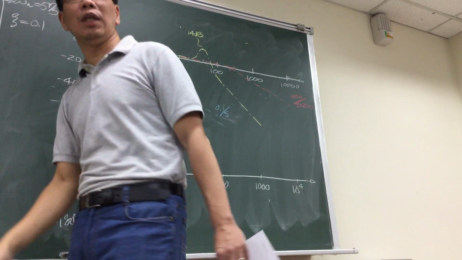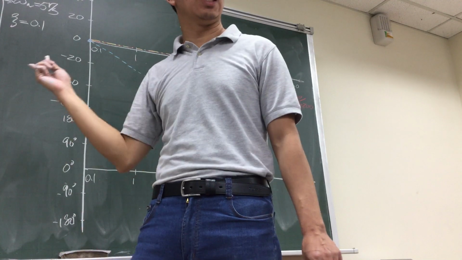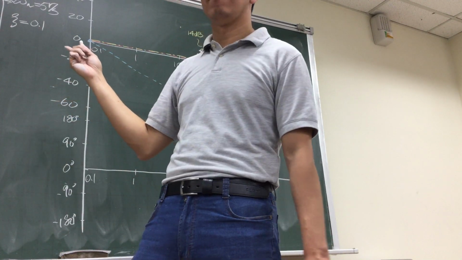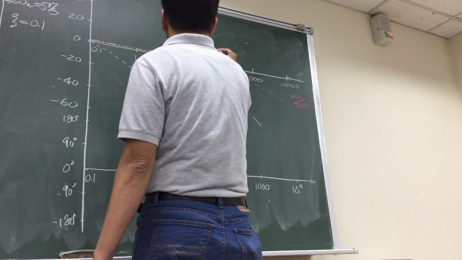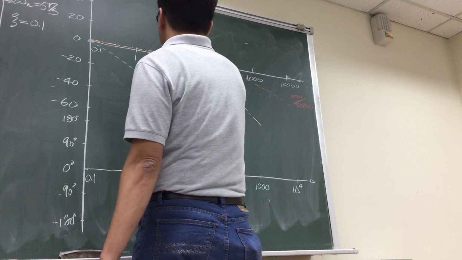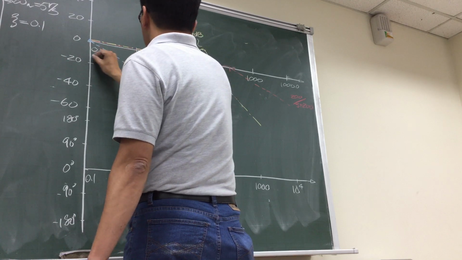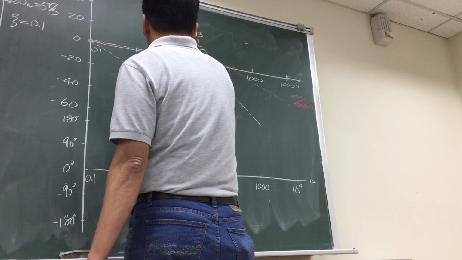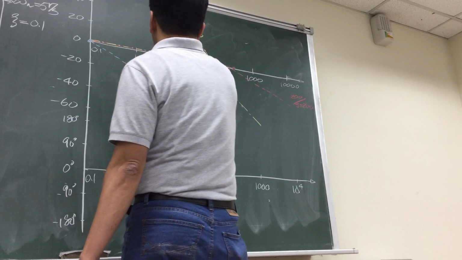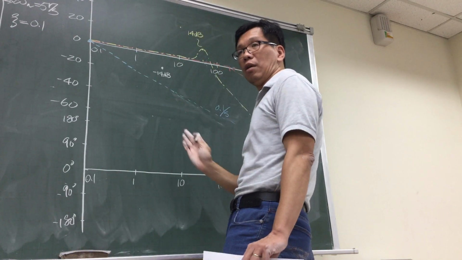So how much dB is the peak? Minus 40. So it's going to be around 5, around here, somewhere over here. And I have 40 dB ascending.